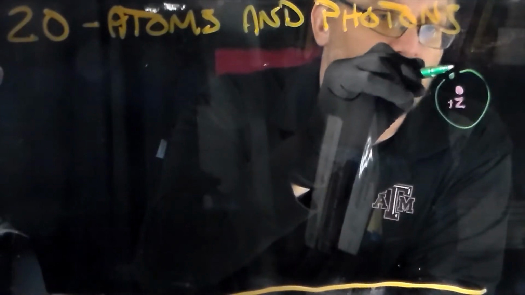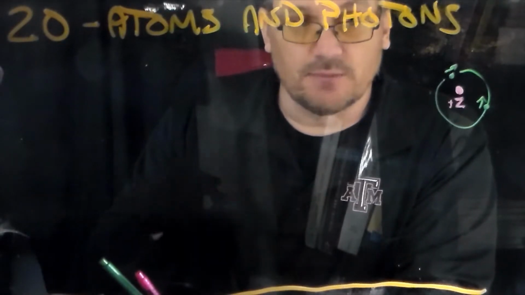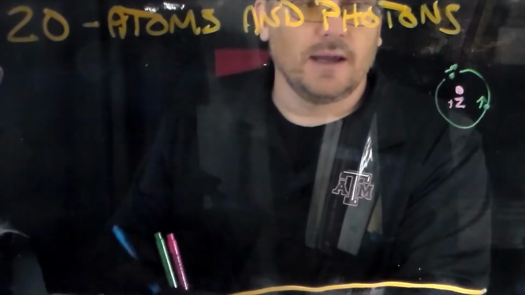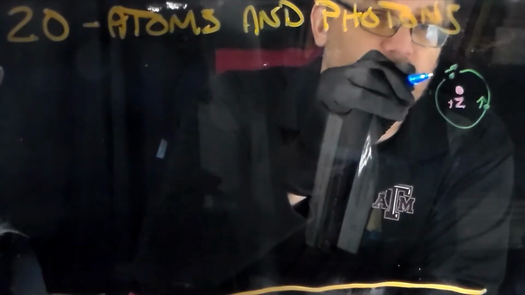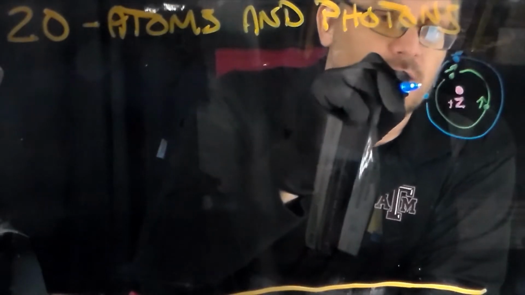You'll have one going this way, and then another one going the opposite direction, basically to get opposite magnetic moment, so they cancel. And for purposes of this discussion, we're only going to look at the S states, so then there'll be another S state here, and so forth.